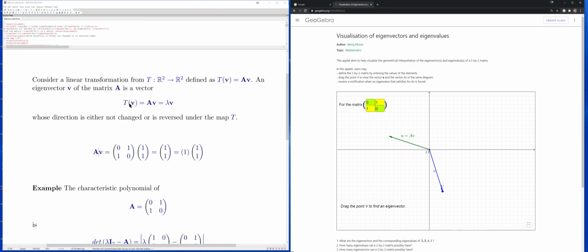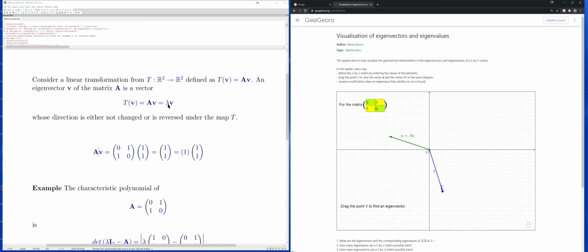So in the definition here, V is an eigenvector for your matrix A if TV, which in this case is A times V, is equal to V up to a scalar lambda. So AV basically gives you the same vector V, but adjusted by the scalar.